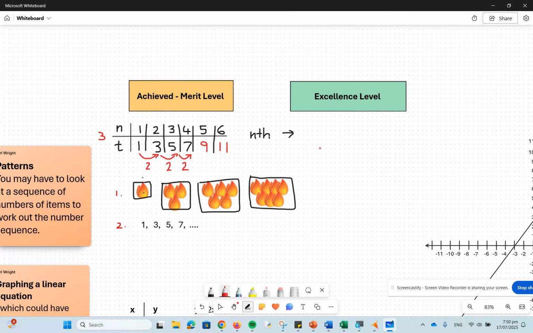So let's see if we can work out this number pattern. There's a few ways we can do it. We start with y. We'll just say y equals something. That's how we start it.